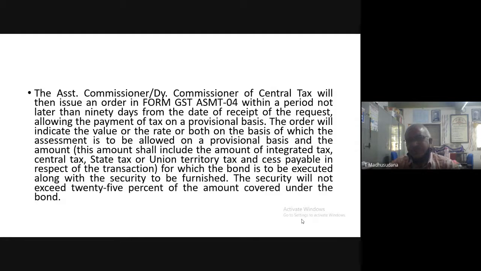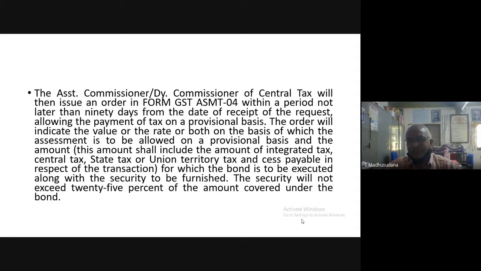So after receipt of sufficient information from the supplier, the assistant commissioner, within 90 days from the date of receipt of the application, will decide the provisional tax liability of the supplier, and will order to pay the said amount as a provisional tax liability and execute a bond stating that the remaining balance, if any, may be paid after finalization of the tax.